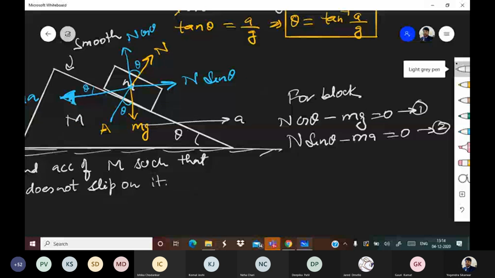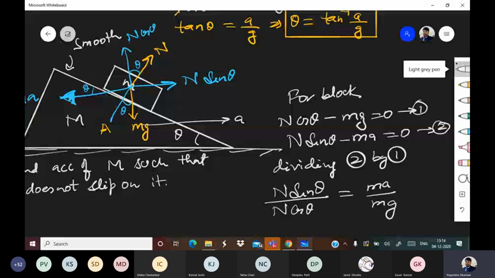Okay. So if we divide equation 2 by 1, what do we get? N sin theta upon N cos theta is equal to ma upon mg.